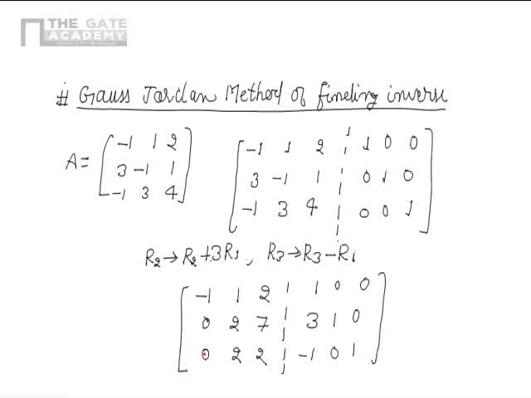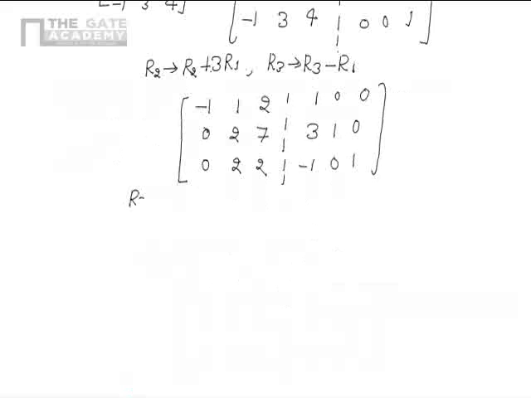Now I got two zeros here. The next thing is I need to make the 2 in row 3 a 0, so at least it will be converted into the upper triangular form, and then I need to take care of the other three elements also, to make them 0. So the next operation I can apply is on row 3: row 3 minus row 2. If I apply this operation, I will get -1, 1 and 2, 0, 2, 7, because there is no change in the first and second rows.